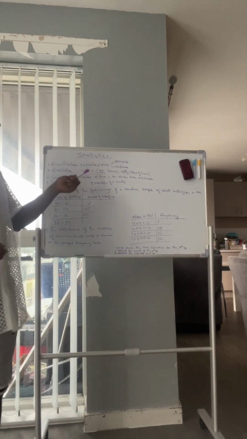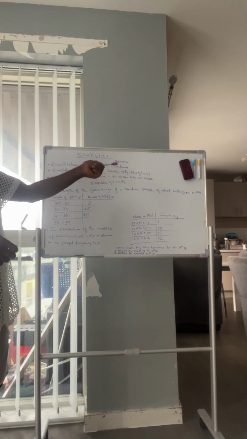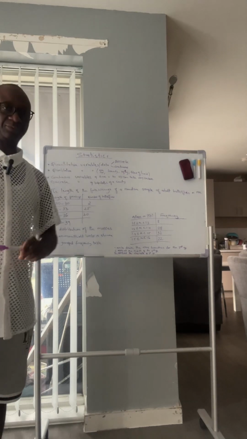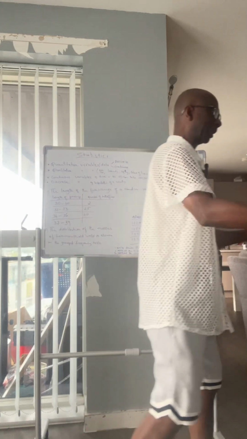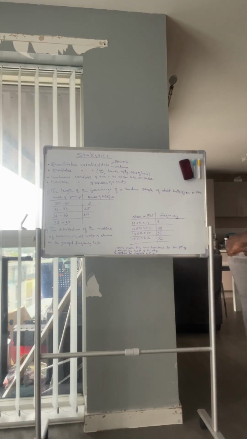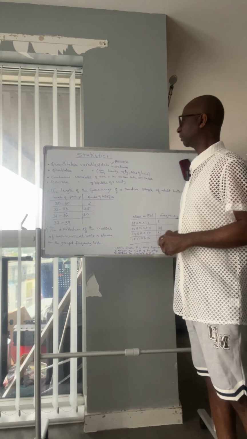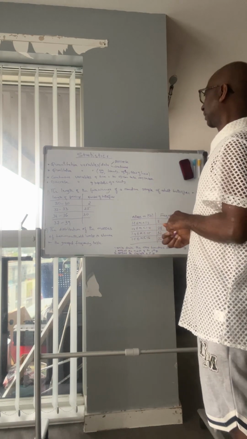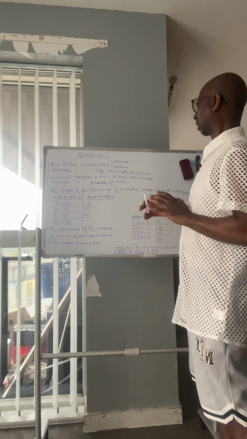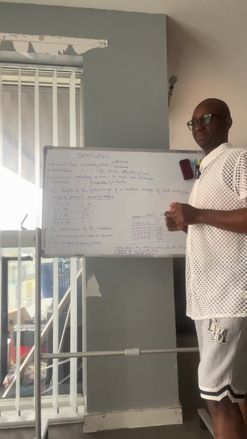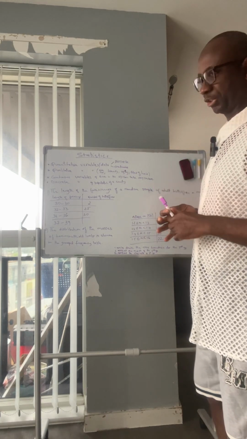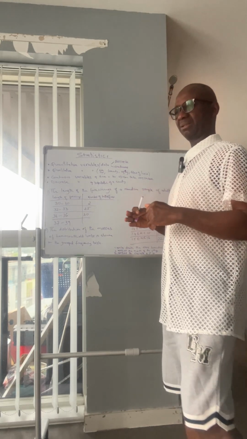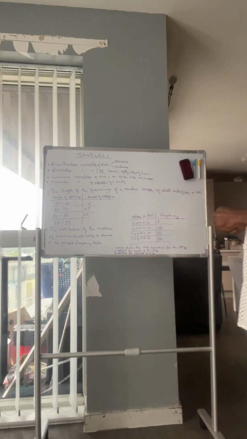Mind you, we've already mentioned that discrete and continuous variables come from quantitative data. They are associated with numbers. So the discrete ones can take a specific number within a range. Within the range you are given, they take a specific number.